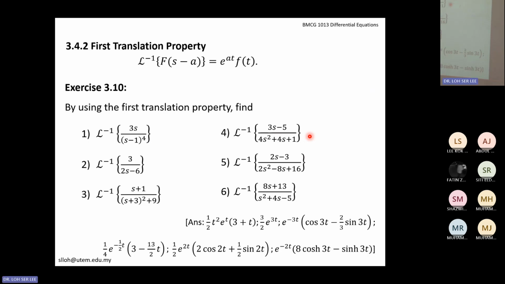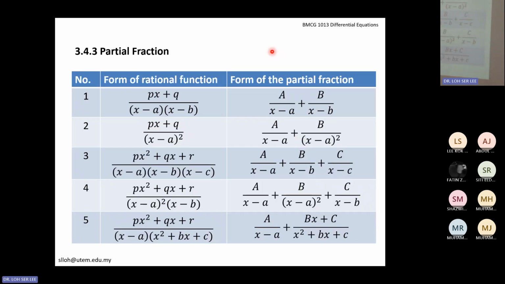No matter whether it is factorizable or non-factorizable, we can use completing the square. But if it is factorizable, maybe partial fraction will be there. It depends on you. You can choose any method. I just introduce it to you, because partial fraction is what you have learned before you came here.